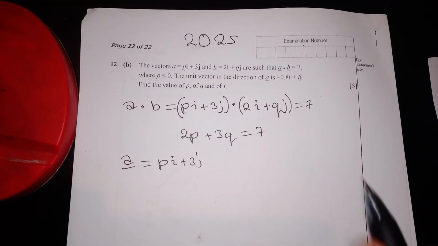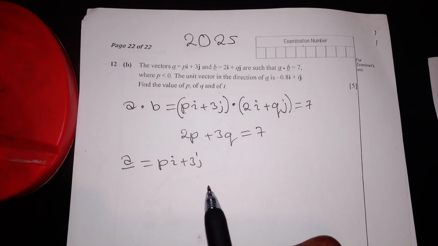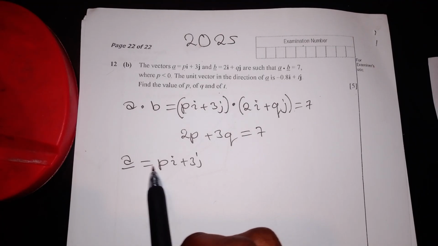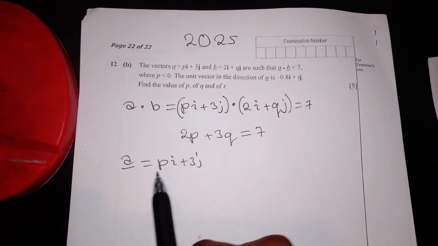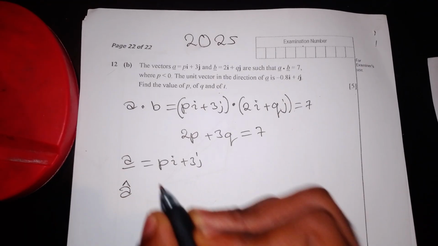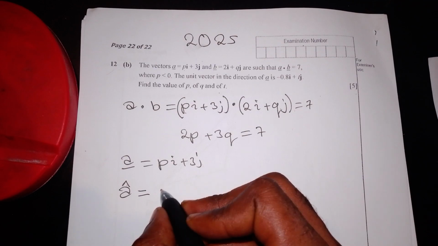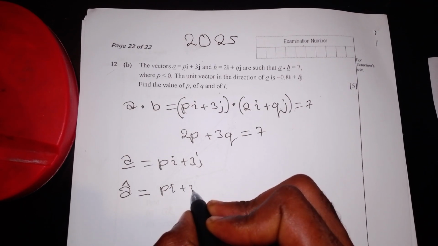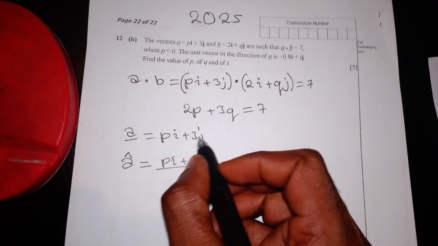So you can just find the unit vector in the direction of this. In other words, find a vector using this which has a magnitude of 1. So the unit vector in the direction of a is given by the vector itself, pi plus 3j, and then you divide it by its magnitude.